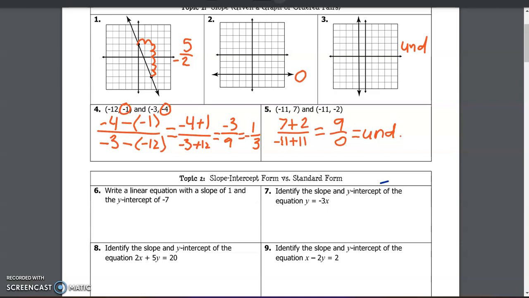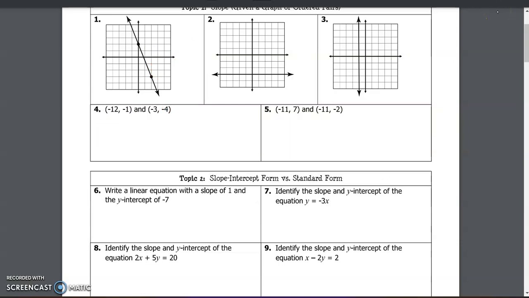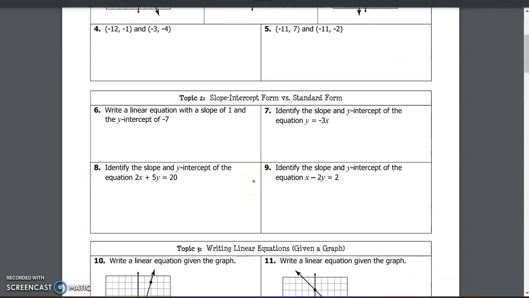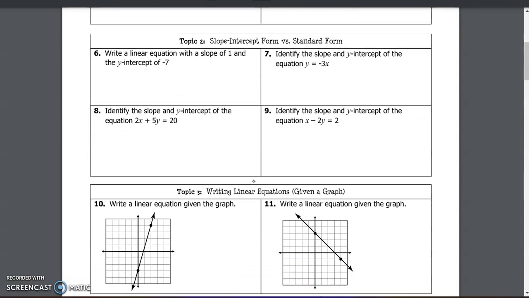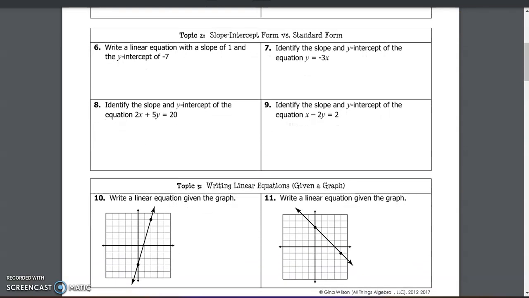All right. So now I'm going to scroll down to topic 2, which is writing linear equations in standard and slope-intercept form. It says write a linear equation with a slope of 1, y-intercept of -7. Remember, in your slope-intercept form, m is your slope, b is your y-intercept. So literally it's just saying 1 is my m, so m equals 1.